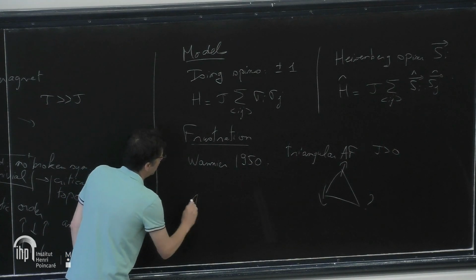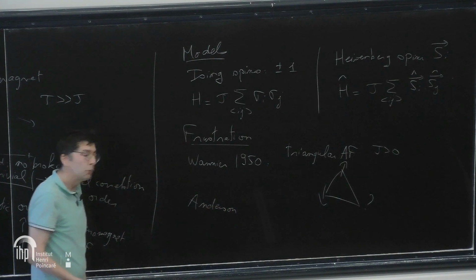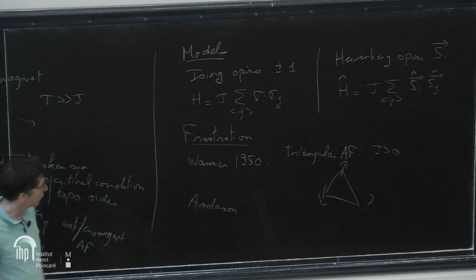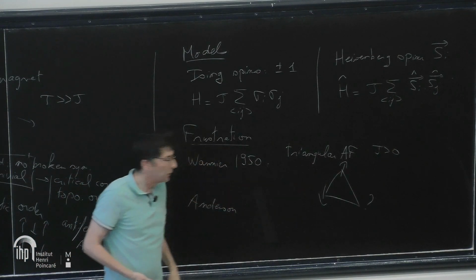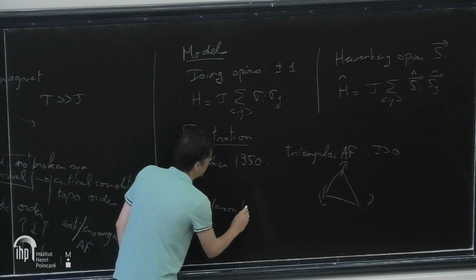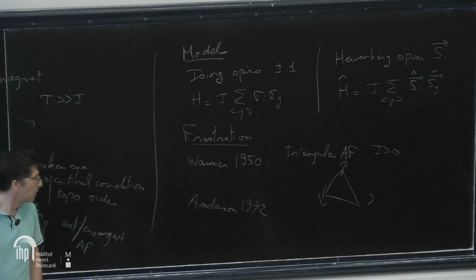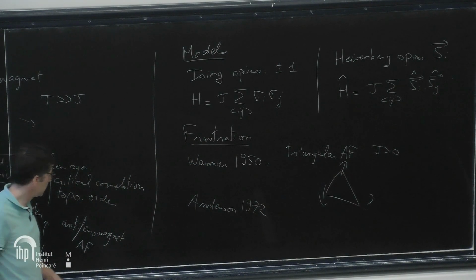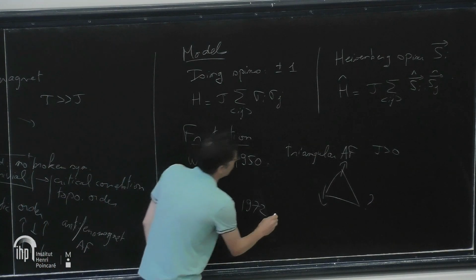And in the quantum case, it's funny to say that it was also the triangular lattice. So it's really the test bed for frustrated magnetism. So Anderson, in his famous paper in 72 about resonating valence bond theory, considered the quantum case.